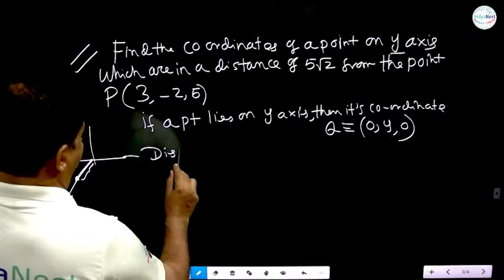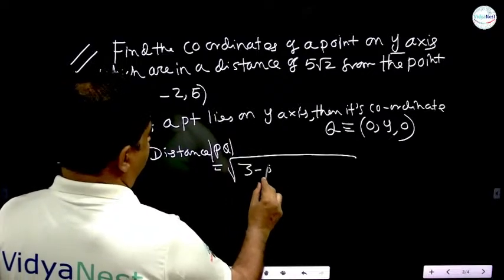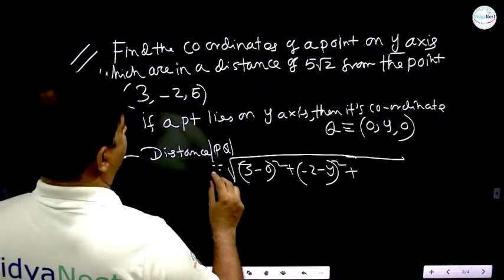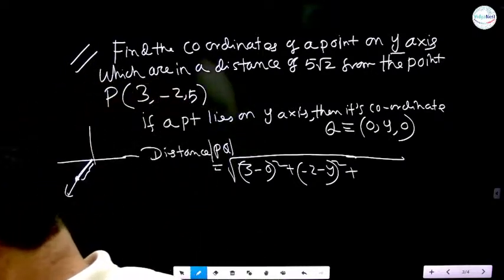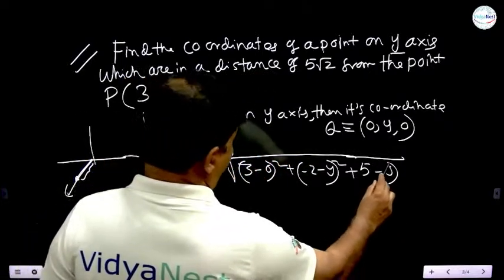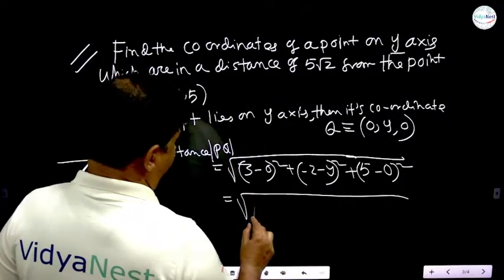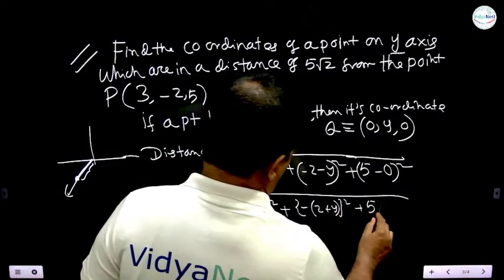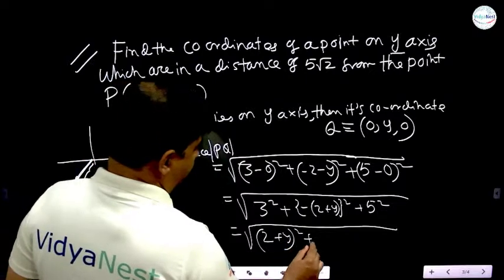Now the distance PQ, taking minus common, is the square root of 5 squared plus (minus 2 plus y) whole squared, plus 34.